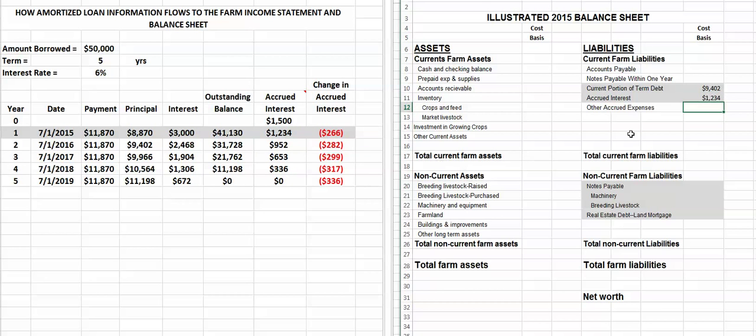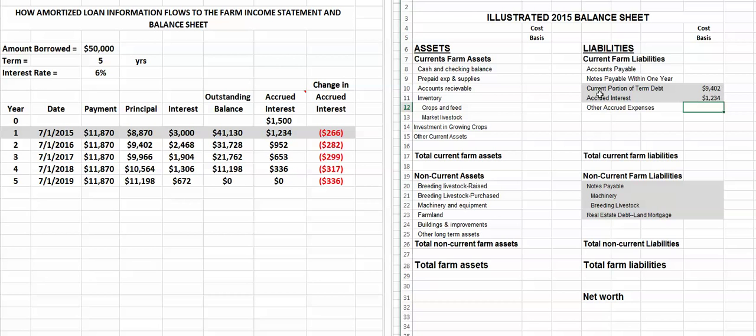Okay, so let's go back and talk about that for just a second to make sure you understand. When you do the current farm liabilities, anything that's payable is what's payable as of December 31st, what's going to be payable within the next year. So the current portion of term debt is how much of the principal on that debt is due next year.